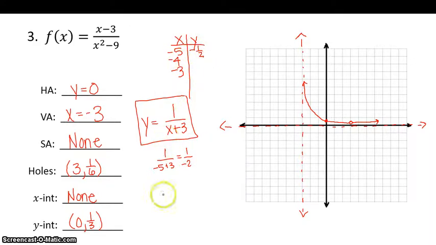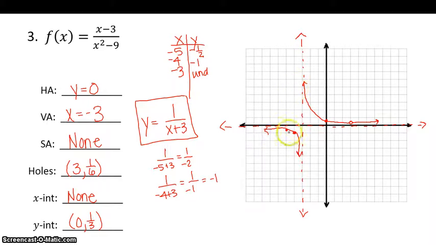When I plug in -4, 1 over -4 plus 3, 1 over -1, which is -1. And then remember it was undefined at -3 when you plug that in. That was 0 for the denominator. So I just need to plot those to get the other curve. So 1, 2, 3, -5, -1/2, and then -4, -1. So then there's your curve for that one.